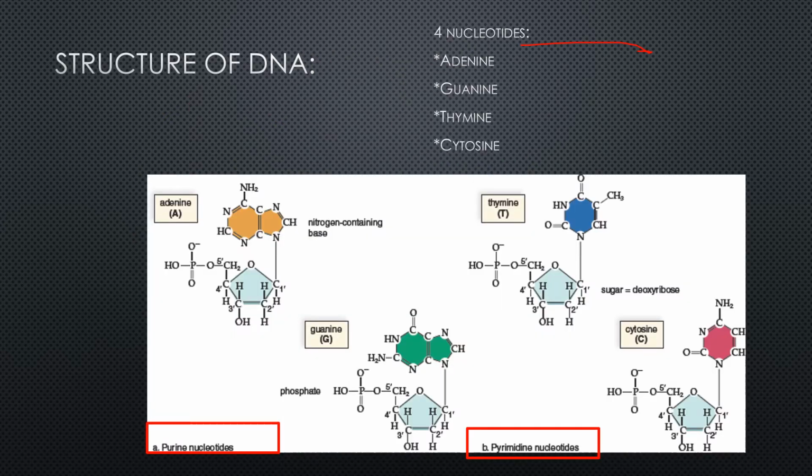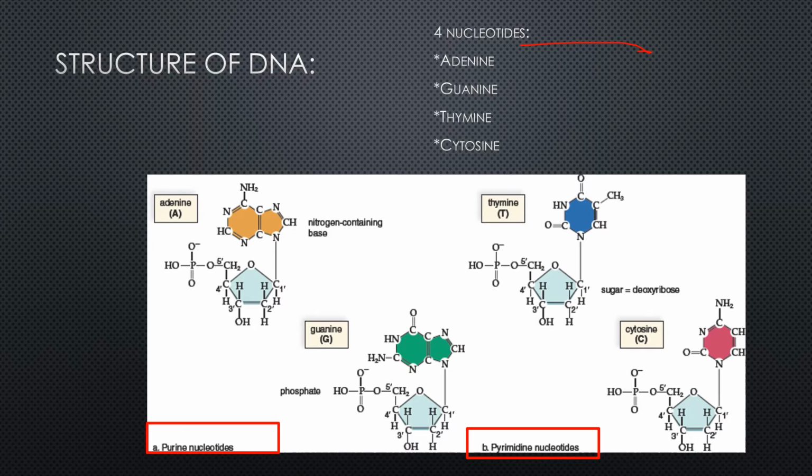Okay, so just reviewing, we're going to start looking at the structure of DNA. These are our four nucleotides. We have two that are purines and two that are pyrimidines. This is a bit of a review for you, but I do want you to be able to draw these structures out because they are important for how DNA functions overall.